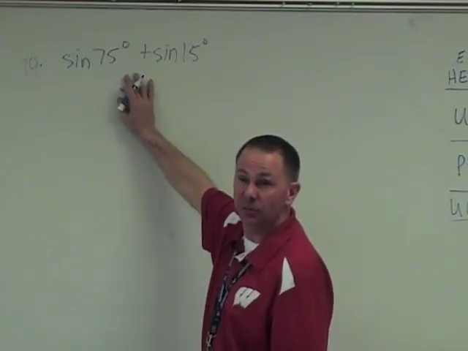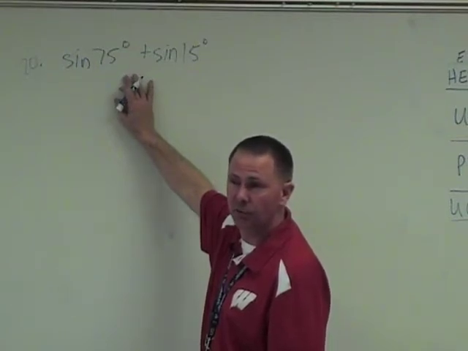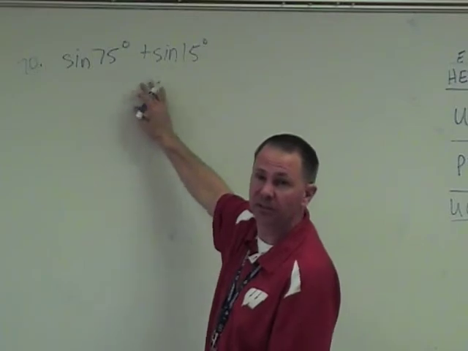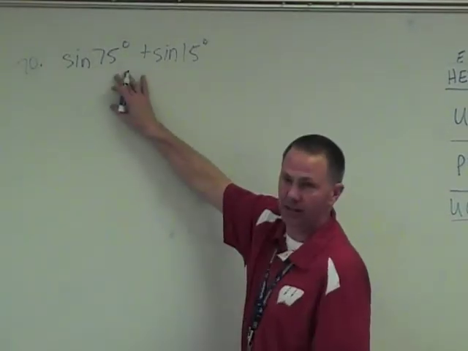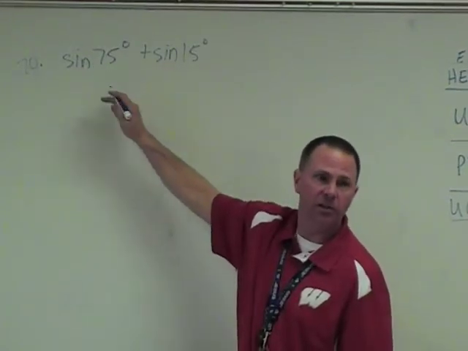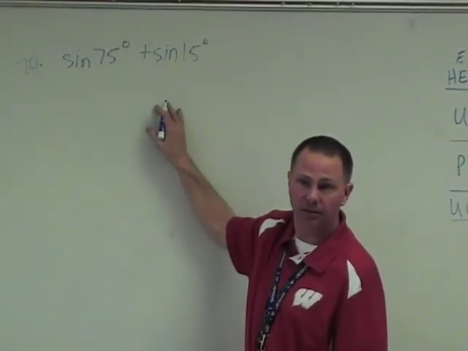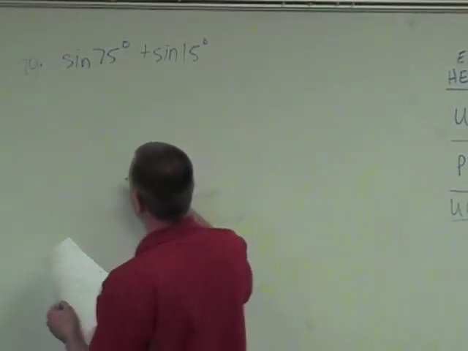This is different than the addition and subtraction formulas that you learned the other day. In those formulas, you had sine and cosine multiplied together plus sine and cosine multiplied together in some form. You don't have that here. You just have a sine plus another sine. That's how you can tell that you need to make this into a product. Alright, so sine plus sine. It is the first one on your formula sheet.